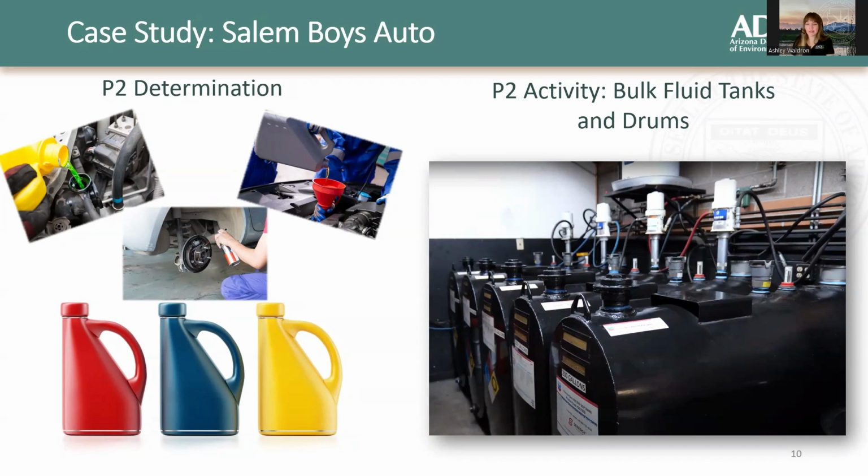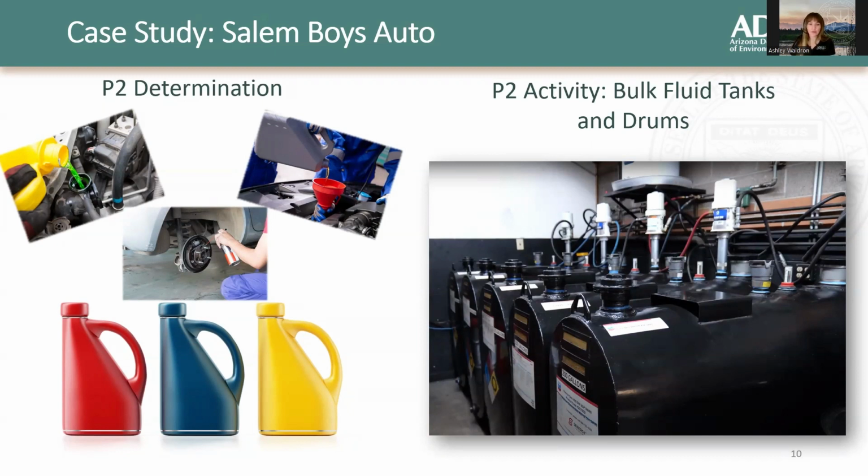However, these tanks were replaced in 2016 just due to space constraints, and they were substituted with five 275-gallon tanks and a 275-gallon tote for diesel exhaust fluid. They also purchased 55-gallon drums for other fluids like coolant and brake cleaner.